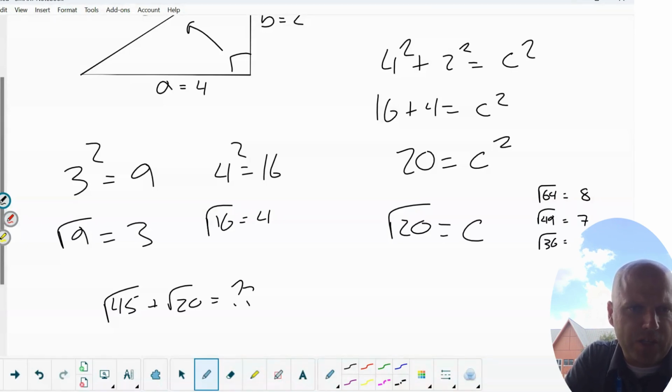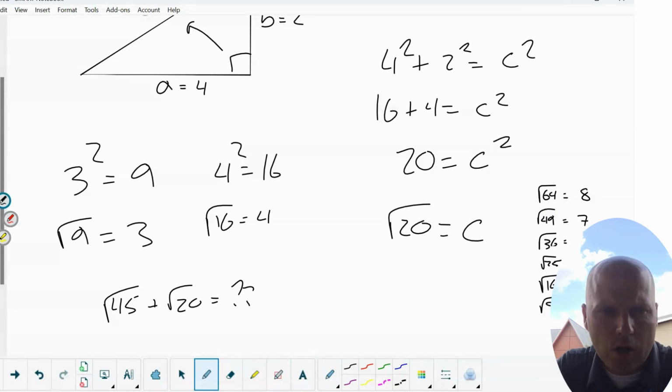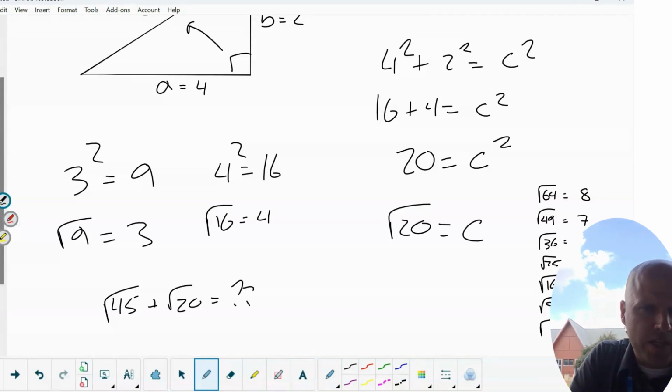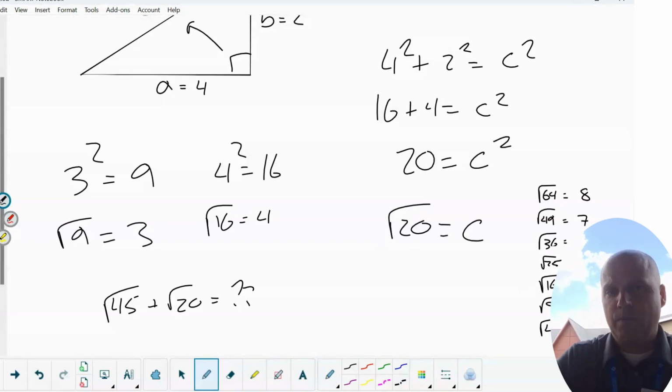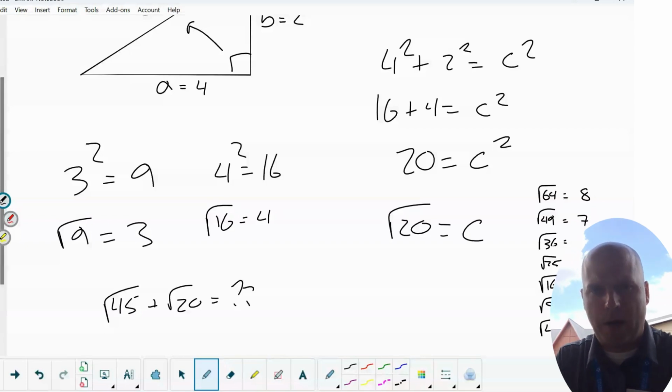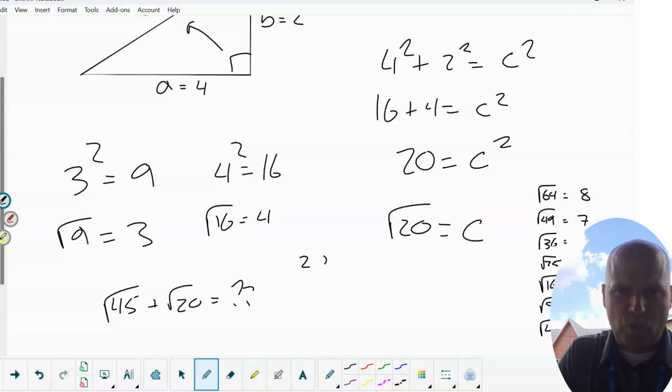You know 36, 25, 16, and so on. Our goal is to figure out which of these biggest square roots can be extracted from the square root of 20.